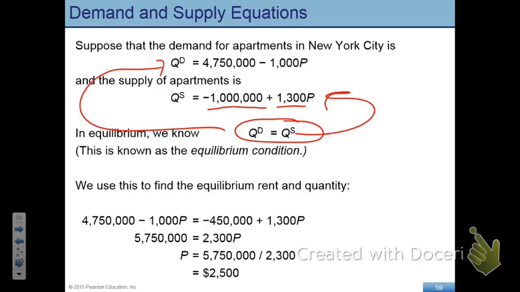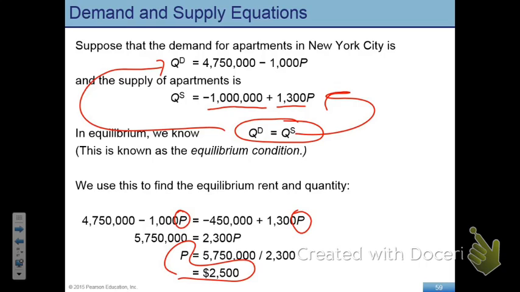Notice that this is a linear equation. This is not a system of equations, just one equation where the only unknown is P. Everything else is given. Do we all see that? Once we solve this problem, we find our unknown, which is P. P is actually our market equilibrium price.